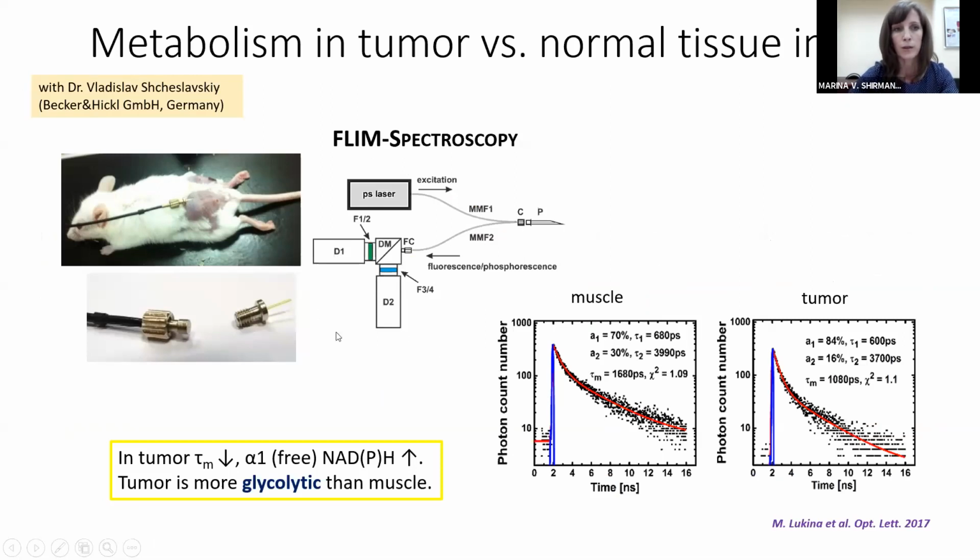We don't have a picture here, only a fluorescence decay, but the information is the same: shorter mean fluorescence lifetime in the tumor compared with muscles, and greater contribution from free NADH, associated with more glycolytic metabolism. So these data show us that the tumor is more glycolytic than muscle.